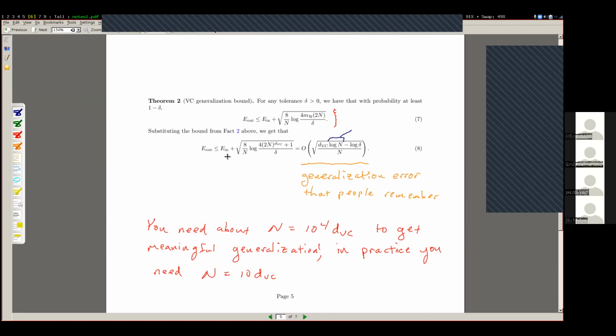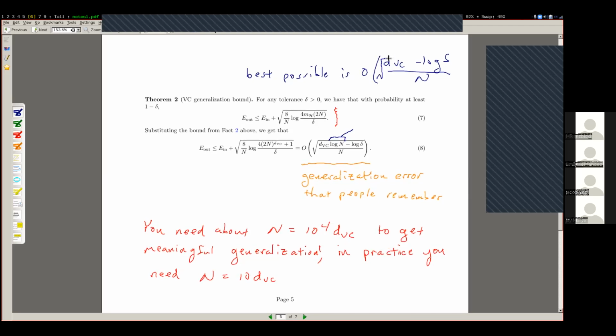The best possible VC bound is O of the square root of (d_VC minus log delta) over n. Basically everything without that log n.